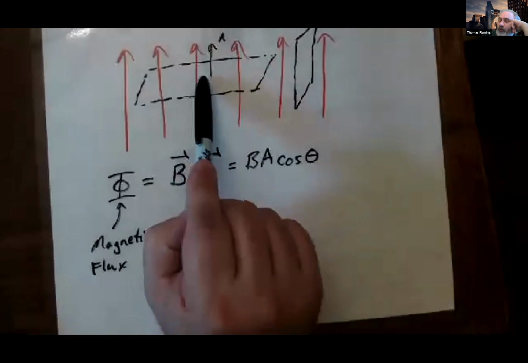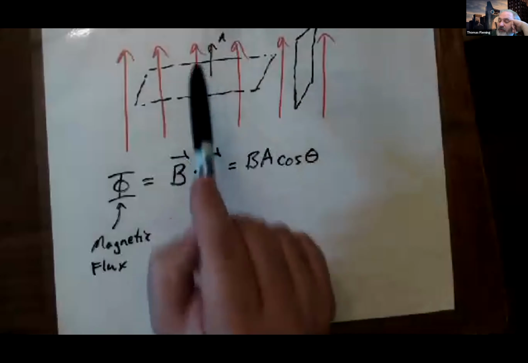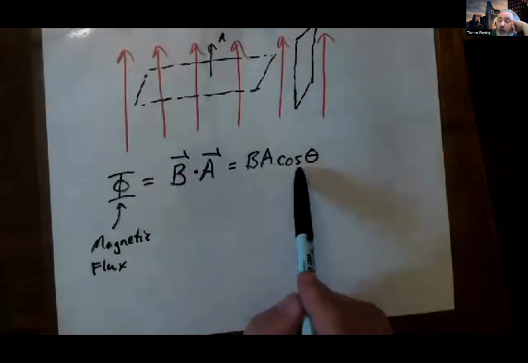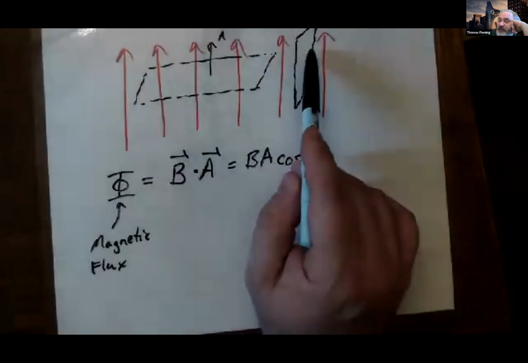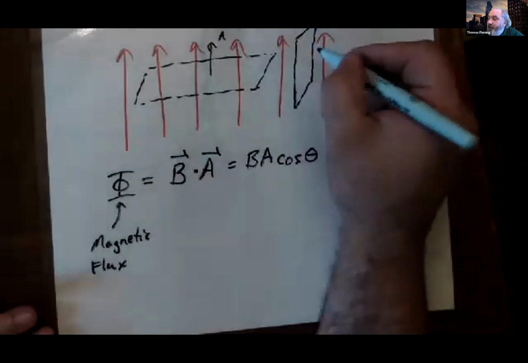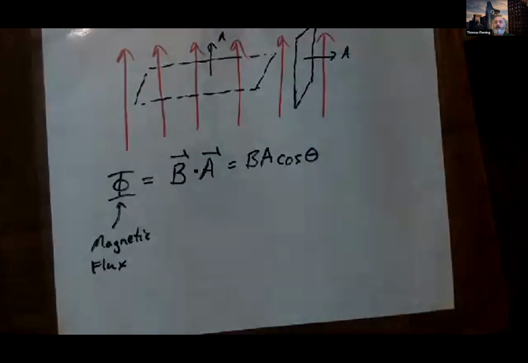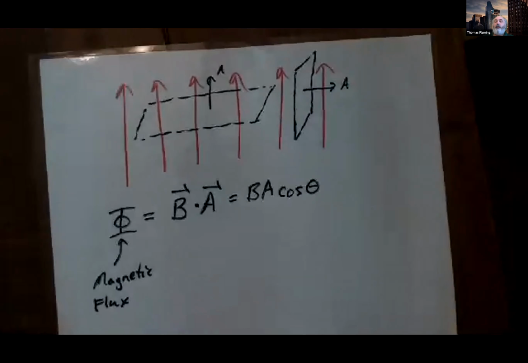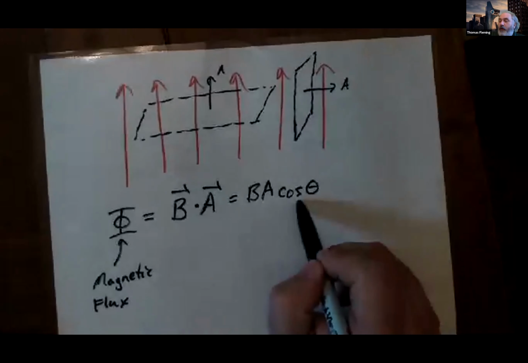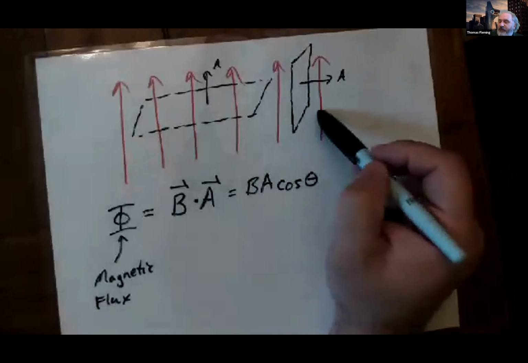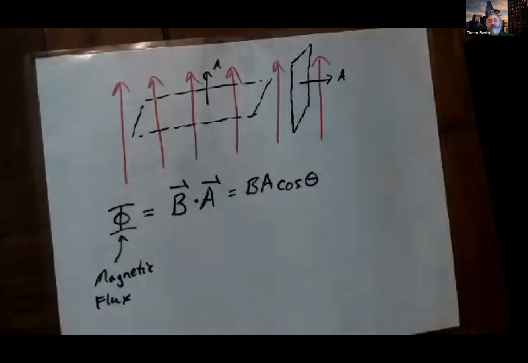So for this orientation of my surface, I'm going to have a lot of flux because it'll be B times A, some big number, times 1. However, in this case, when I rotate my area vector 90 degrees, well, now what's going to happen is the cosine of 90 is 0. So when I put the edge towards the magnetic field lines like such, I don't get any lines going through the surface.